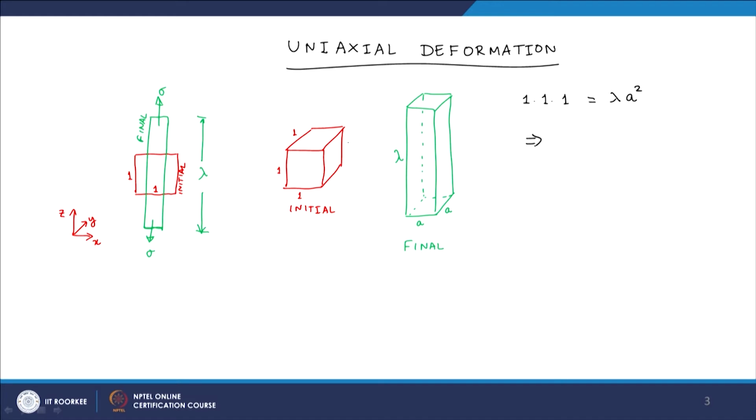This gives me the value of A is equal to 1 by square root of lambda. So, let me write down here. Okay. So, the deformation in x and y is because of the stress being applied in the z direction, and the reason why it is happening is because the material is somewhat incompressible. Okay.